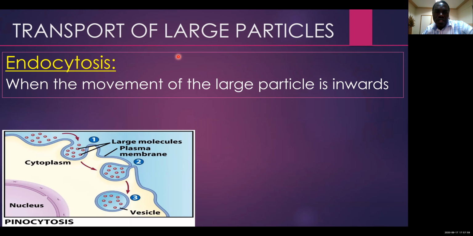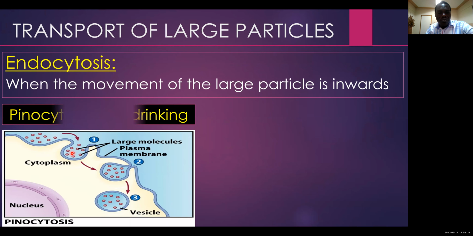We classify endocytosis based on the consistency of what is moving into the cell. If that large particle moving into the cell is fluidy in nature, then we call that pinocytosis. Pinocytosis means that the cell is drinking, in quotes, because what is going in is actually fluid.